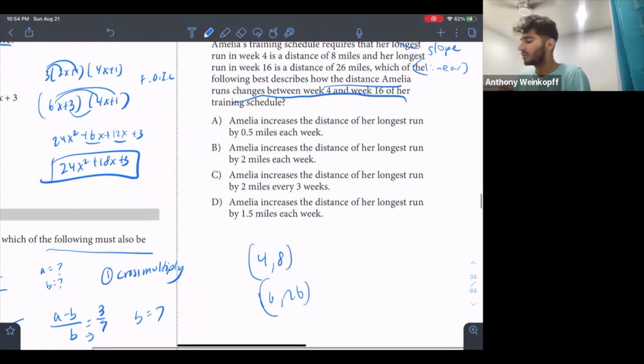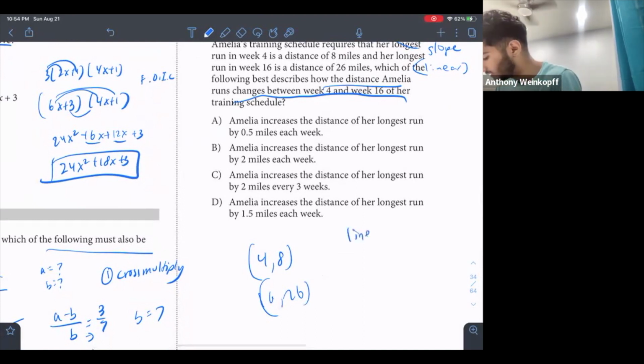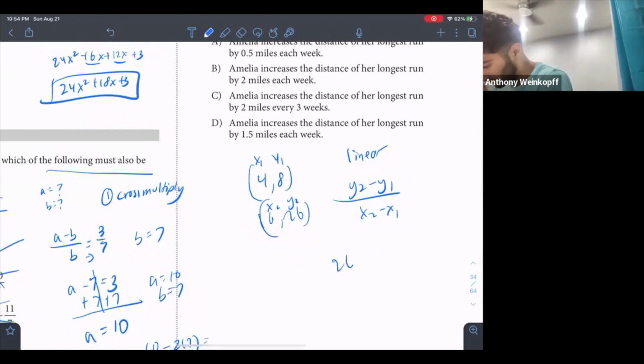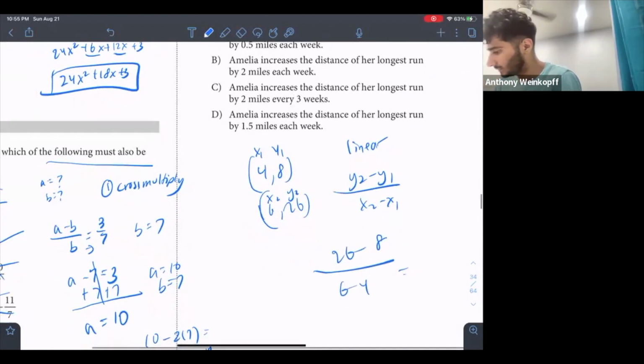So this has to be linear. You would do y2 minus y1 over x2 minus x1. So you would do 26 minus 8, over 16 minus 4.